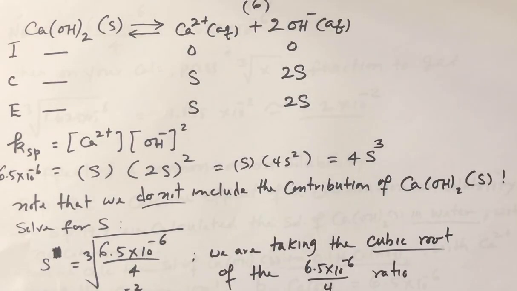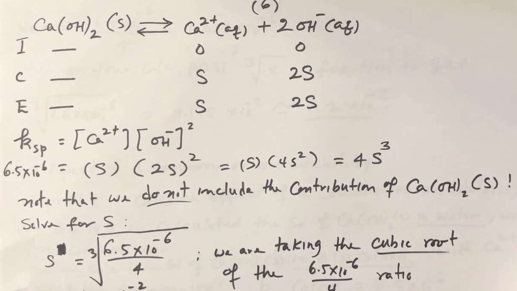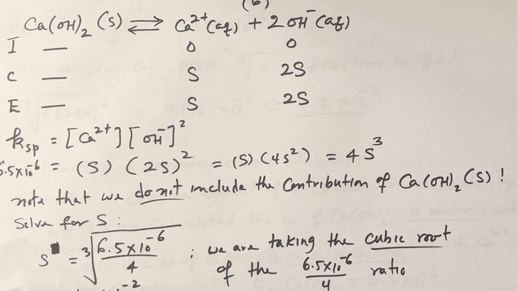Okay, so here we have the reaction of calcium hydroxide going to Ca2+ and 2 moles of OH-. We set up the ICE table.